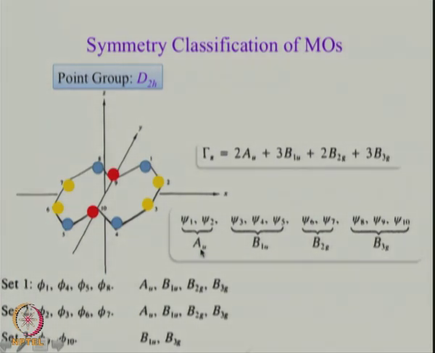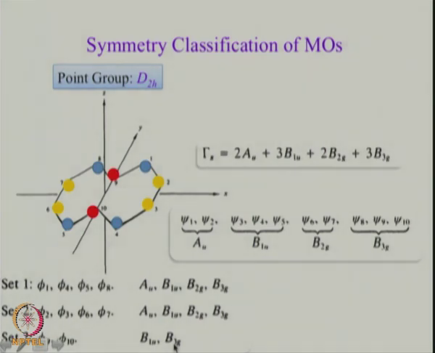We have also been able to break down the constituent p orbitals into 3 different groups, two consisting of 4 p orbitals each, one consisting of 2 p orbitals. The first 2 sets of p orbitals have symmetry AU plus B1U plus B2G plus B3G. The last one will have B1U plus B3G.